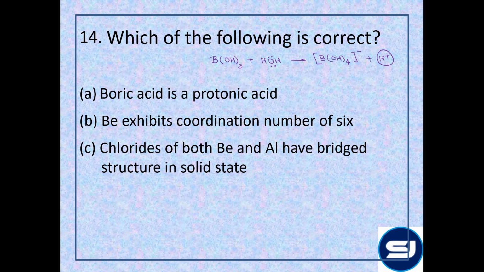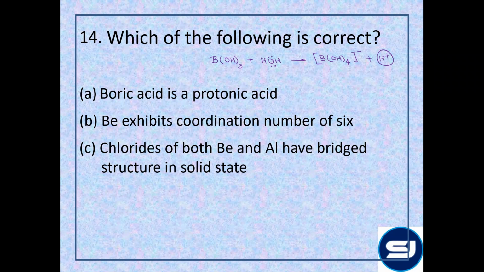In solid state, it is more associated. It exists as a polymer, where the beryllium atoms are joined by the chlorine atom as a bridge. So that has a bridge structure. Or AlCl3 exists as a dimer, जिसमें again the chlorine atom acts as a bridge between the aluminium atoms. तो ये statement correct है.